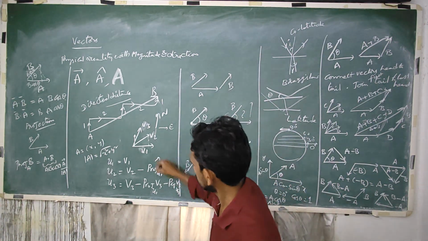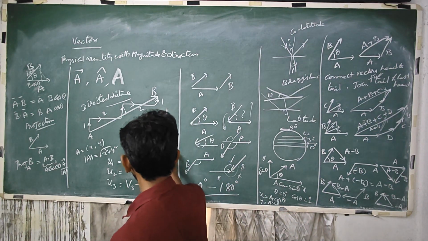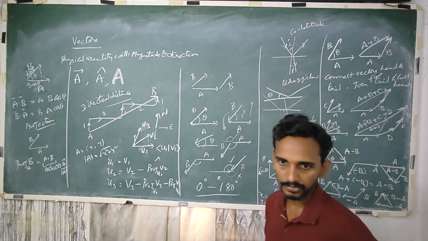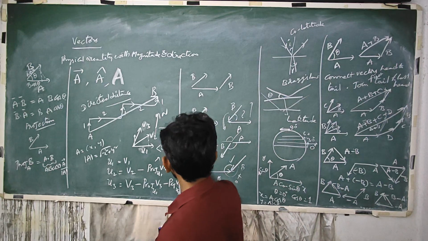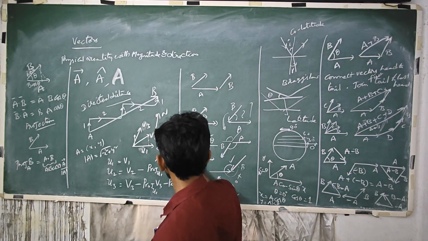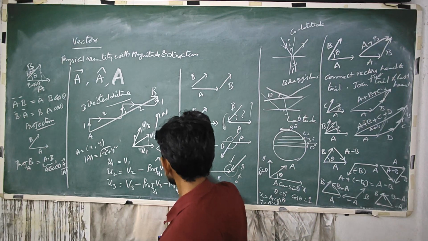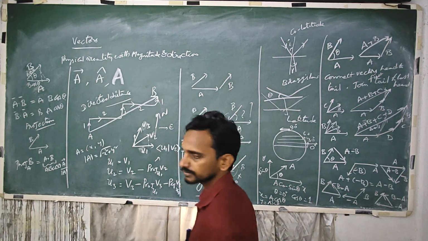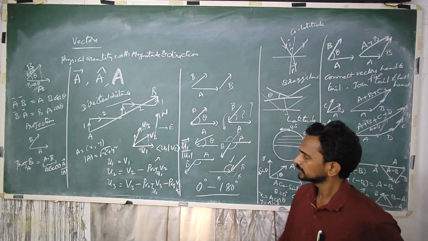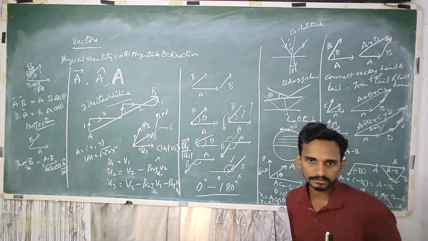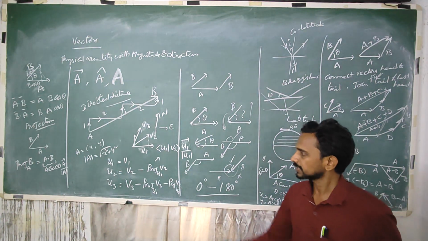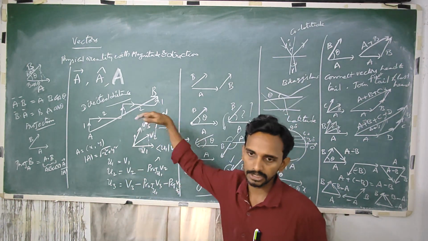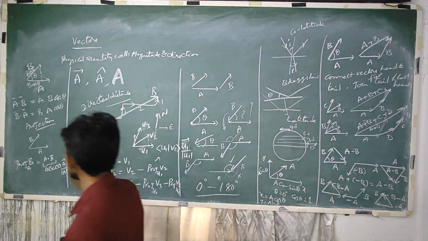This means you take the dot product of u1 and v2, which is the magnitude, and then you take the direction, which is u1 by magnitude u1. So this is the projection of v2 along u1. Like that you can generate a completely perpendicular set of vectors from any set of given vectors. This is called Gram-Schmidt orthogonalization.